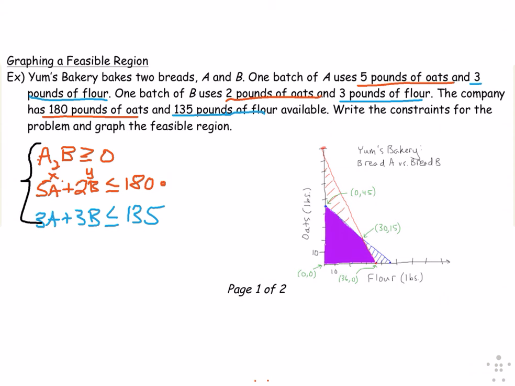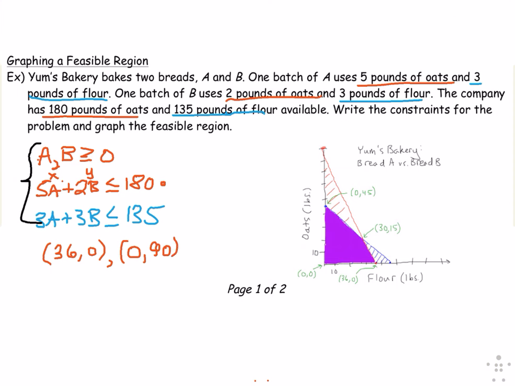So then the x-intercept of this inequality is going to be (36, 0). So you just substitute in 0 for this one. That then leaves us 5a equals 180. And then the y-intercept of that inequality, substituting in 0 for the x, gives the ordered pair (0, 90).